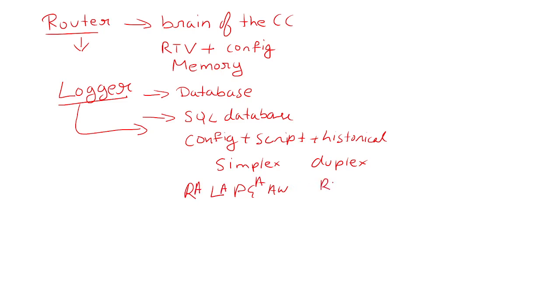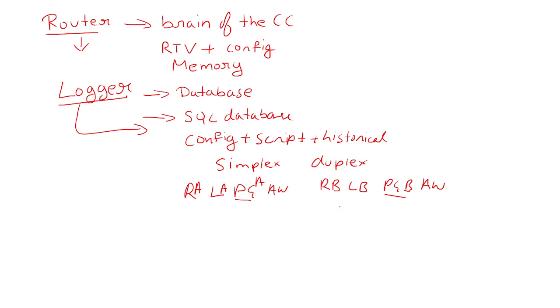Similarly, you can have router on B side, logger on B side, PG on B side, and AW. Either they can be separated over the LAN or the WAN. Also, router A communicates with router B, and they are the duplex pair. The PG is also a duplex pair, whereas the AW is not a duplex pair.